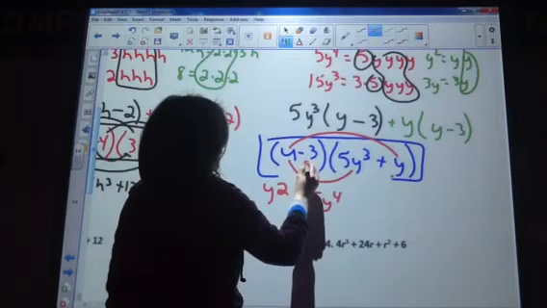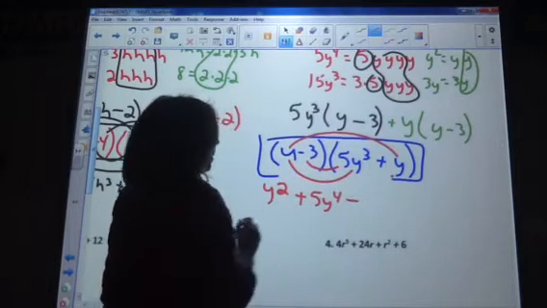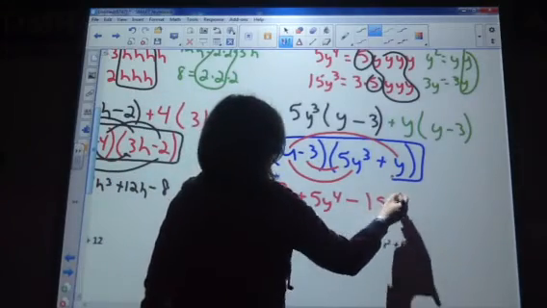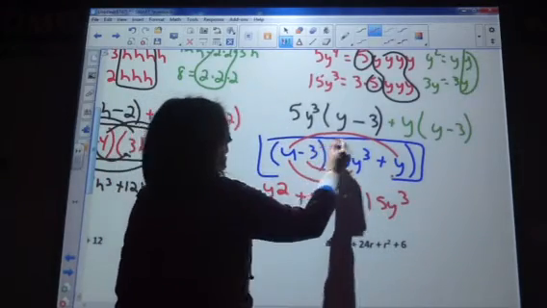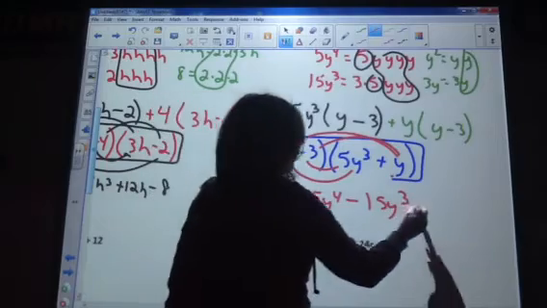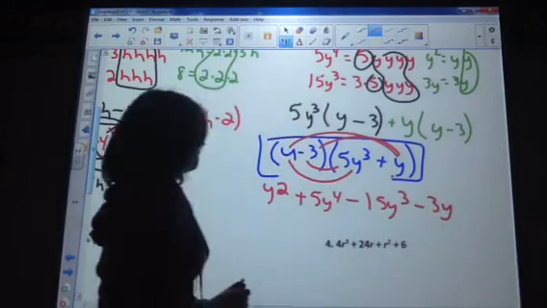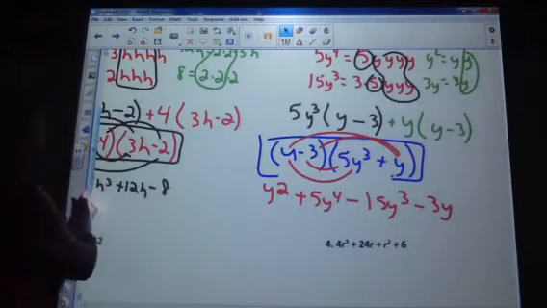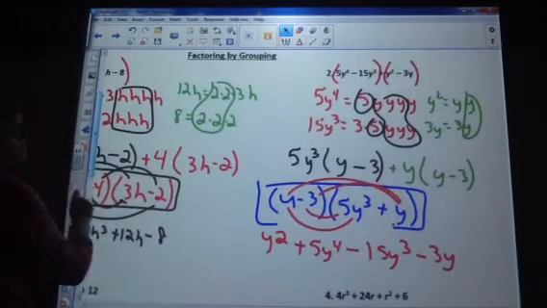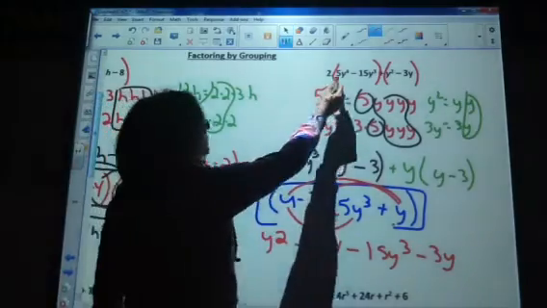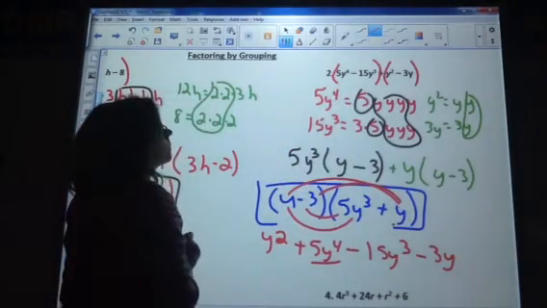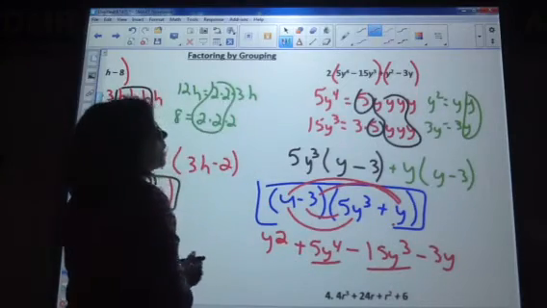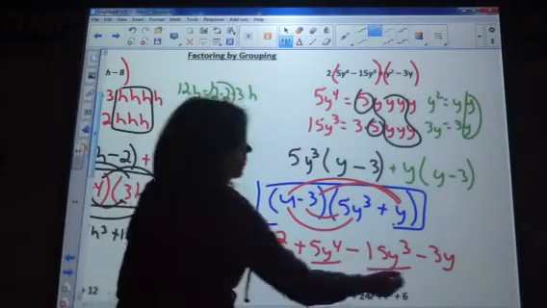And then we have negative 3 times 5y cubed, which is negative 15y cubed. And then we have negative 3 times y, which is negative 3y. So let's see if we got this right. We have a positive 5y to the 4th, a negative 15y cubed, y squared, and negative 3y.